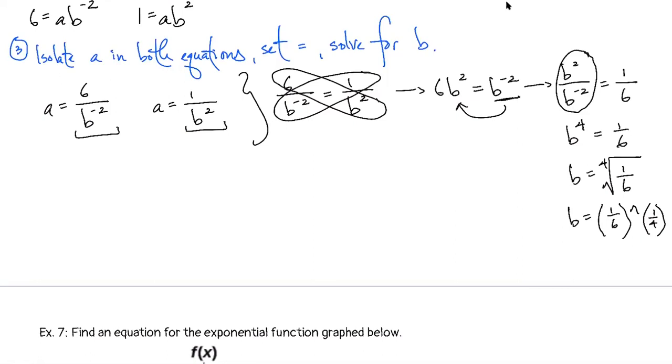So when we type that in, we should get a b value of 0.639.